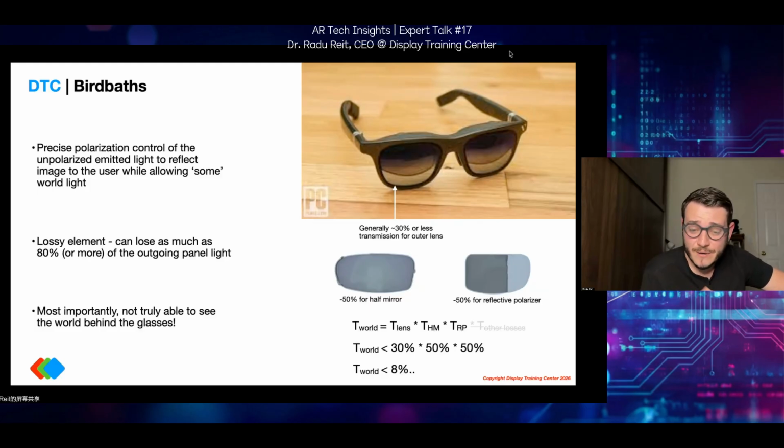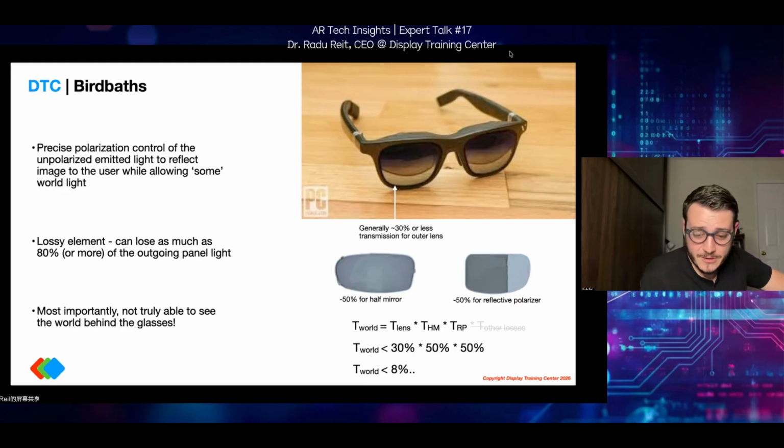And that's because you just have very little transmission through the glasses to begin with. If we do the same exercise, but now for light coming from the world going through the birdbath optic, we actually have an even worse transmission. If we take a look at a lens element like what maybe Viture is using here on the outside, roughly a 30% transmission to start off with through an off-state electrochromic element.